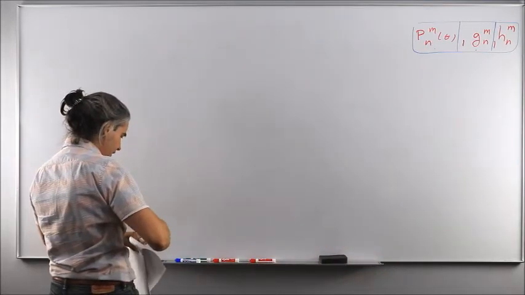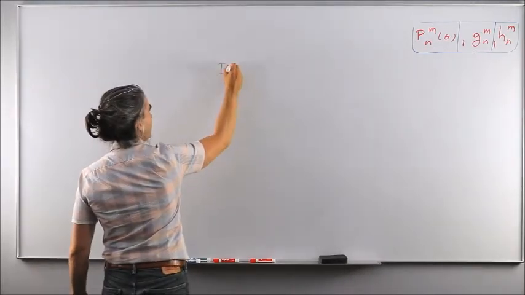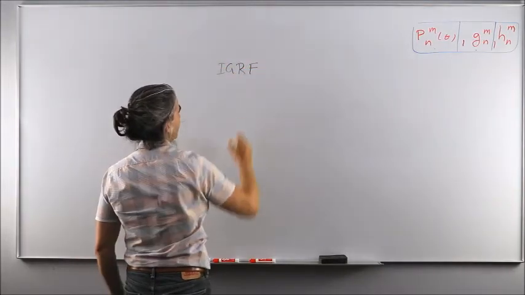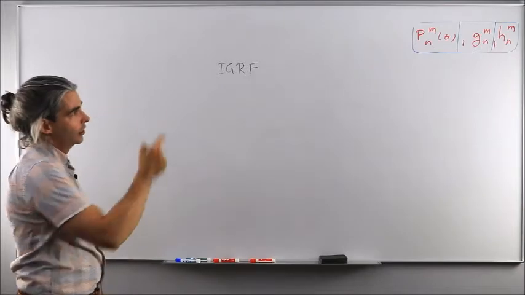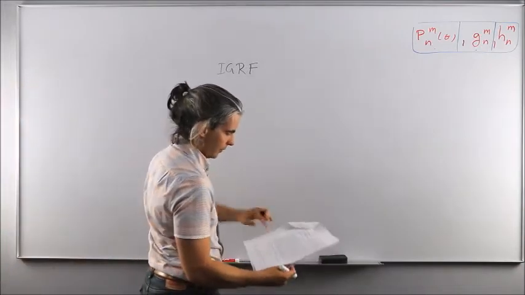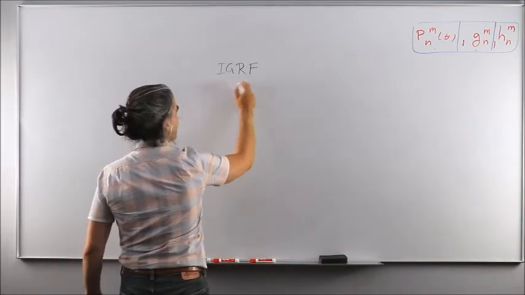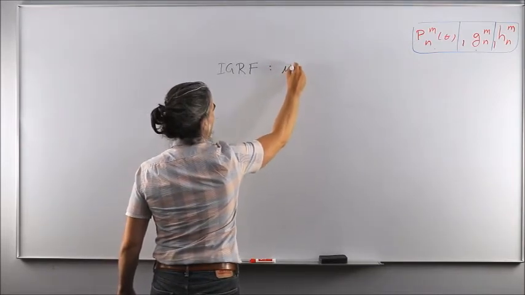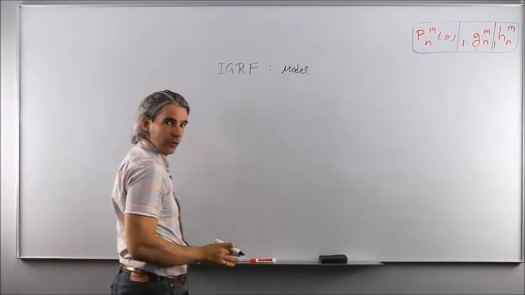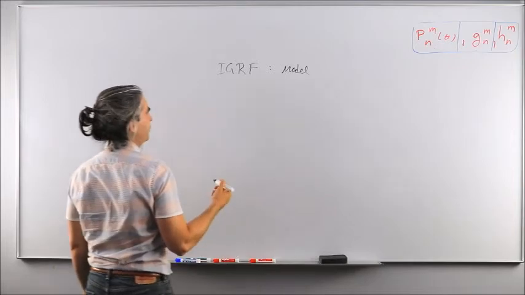All this data is collected together and provided under the name IGRF, and they publish those data on a website. Sorry, this is not the organization. This is the name of the model, which is related to the spherical harmonic model I gave you in the first place, for the potential magnetic function, V.